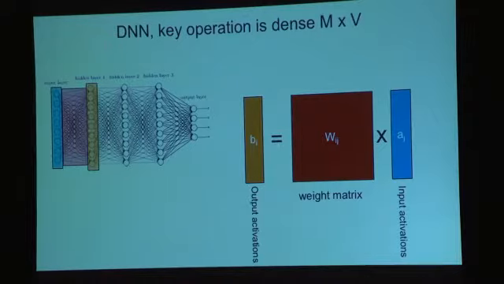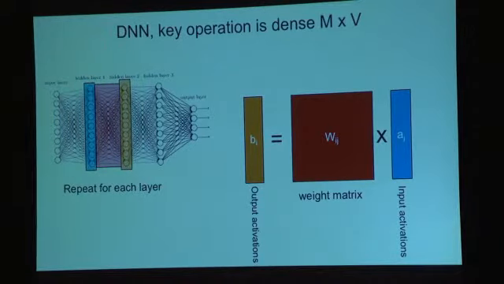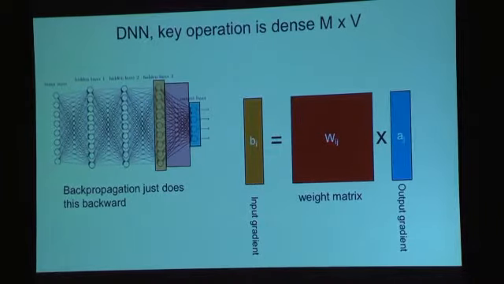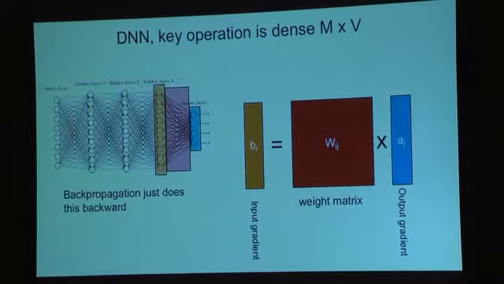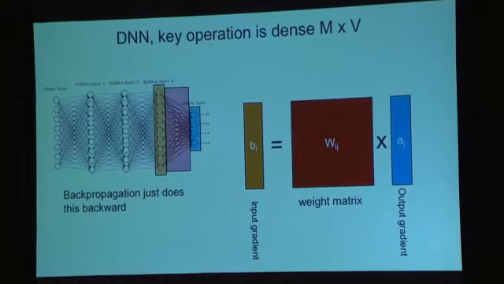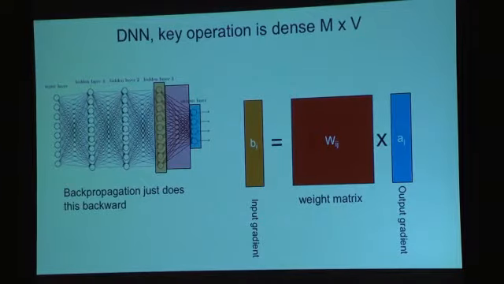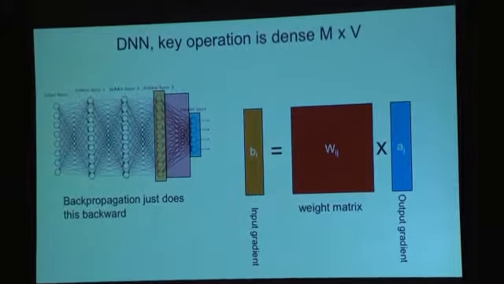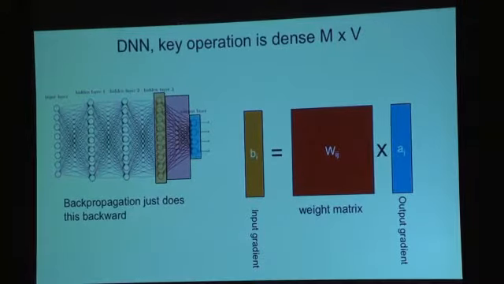Now, after I've done this for one layer, my output weights become the input weights of the next layer, and I just do it over again until I've done all of the layers of the network. And if I'm doing training, I then do the same thing backwards, where once I've computed a gradient at the output weights, I basically apply the chain rule to compute the gradient at the input weights, summing the contributions of each of the output neurons multiplied by their weights to get the input neurons.